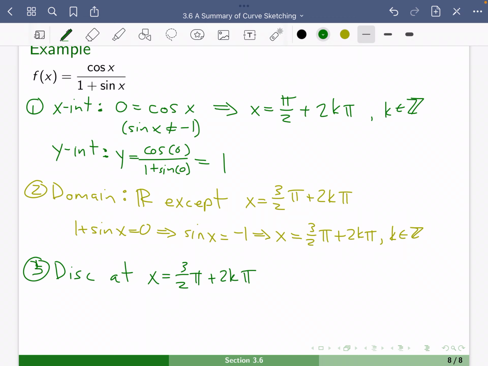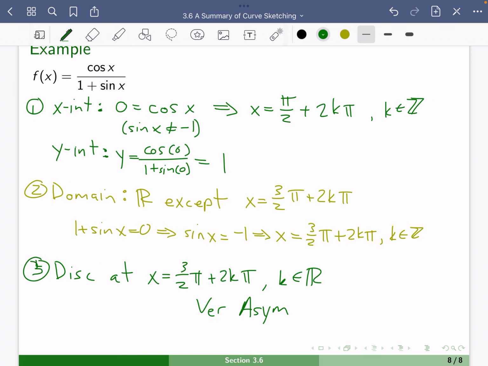Those discontinuities are actually going to be vertical asymptotes. Perfect.